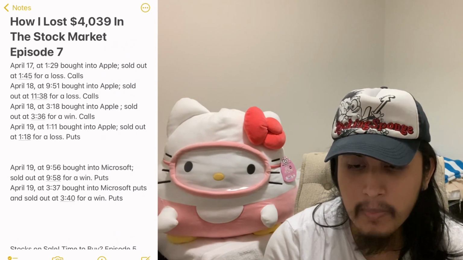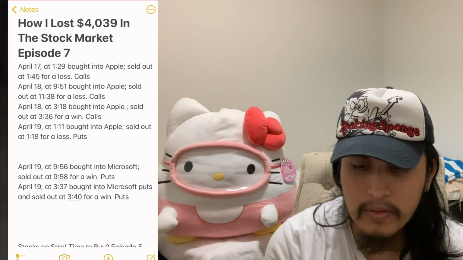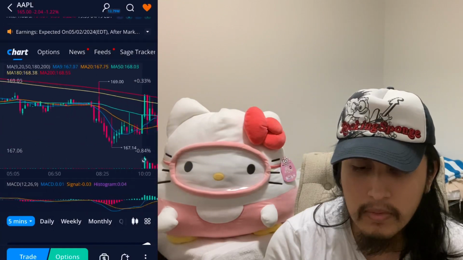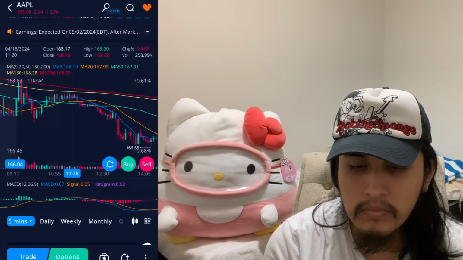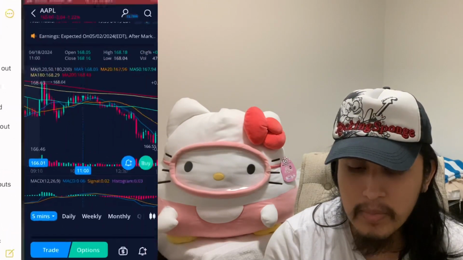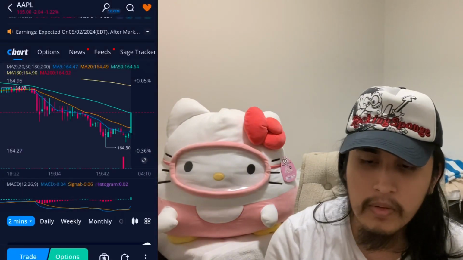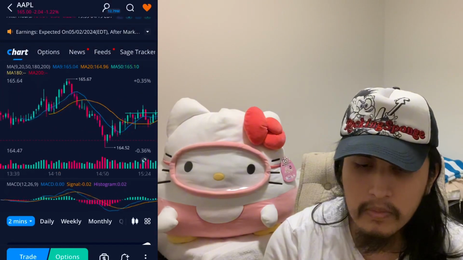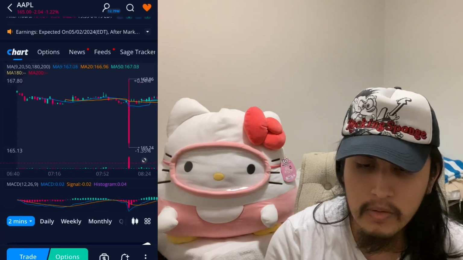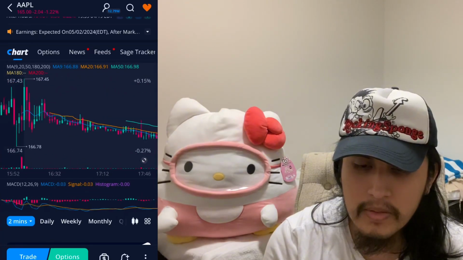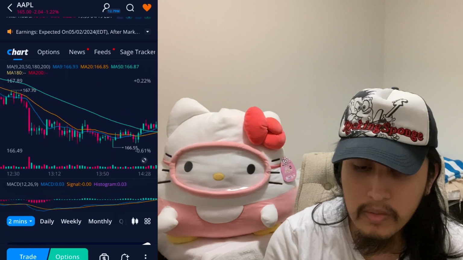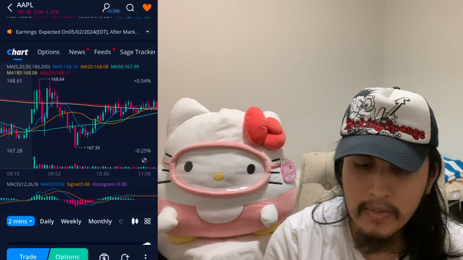And then on April 18th, let me make this the 2-minute chart. It's going to be way easier to see my trades that are not perfect.